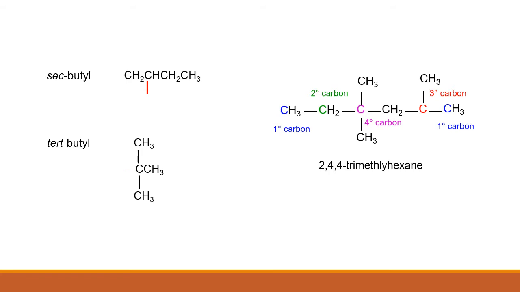The first and last carbon atoms in a chain are usually primary carbons. A secondary carbon is attached to two other carbons. A tertiary carbon is attached to three other carbons, and a quaternary carbon is attached to four other carbons. Designating carbons in this manner allows us to know easily how an organic compound is structured.